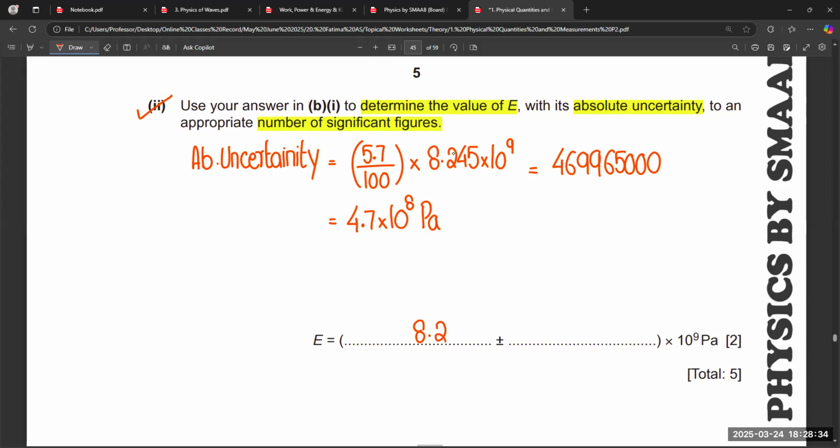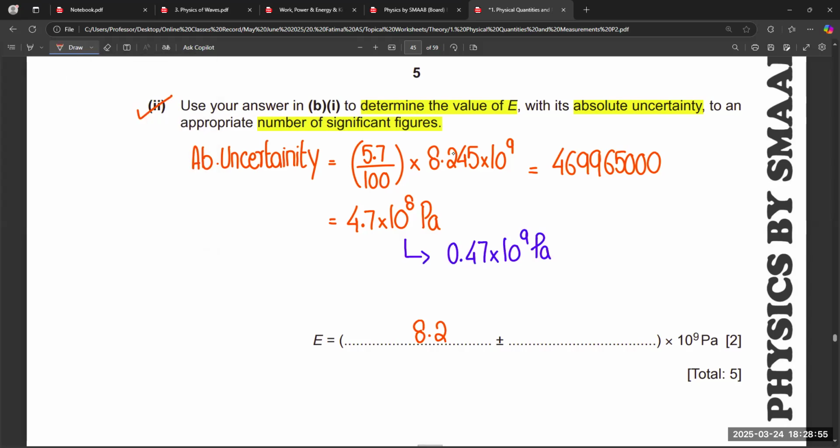So for 8.2, we have power 10 to the 9. So we have to convert this one into 0.47, with power 9. Okay.